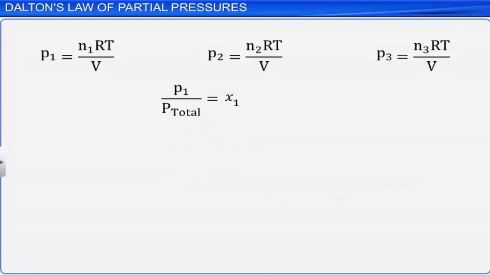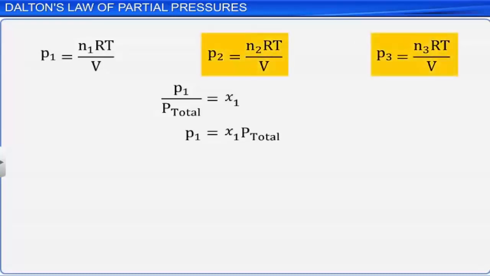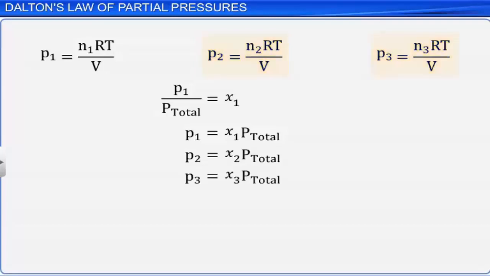Similarly, for other two gases, we can express partial pressures as P2 equals x2 multiplied by P total and P3 equals x3 multiplied by P total. Thus, a general equation can be expressed as Pi equals xi multiplied by P total, where Pi and xi are the partial pressure and mole fraction of ith gas respectively.